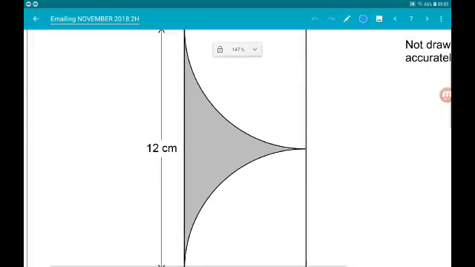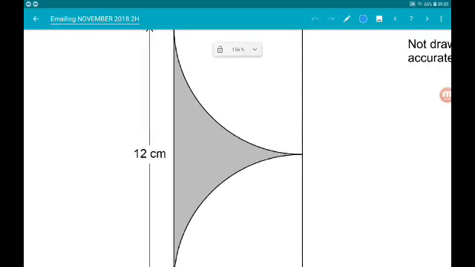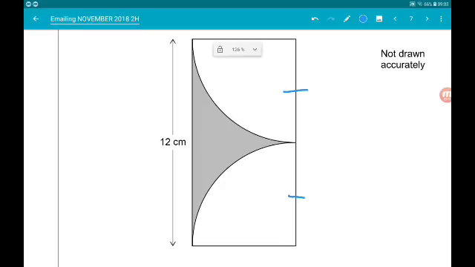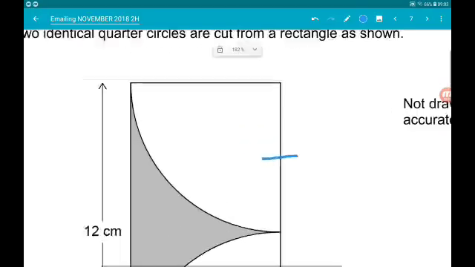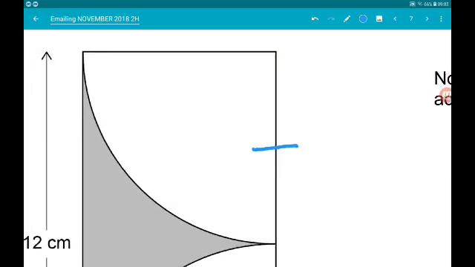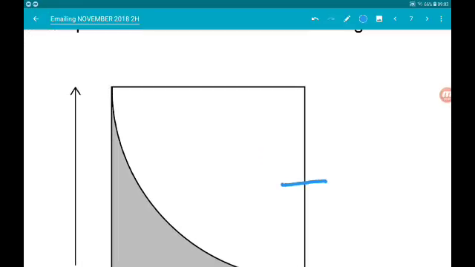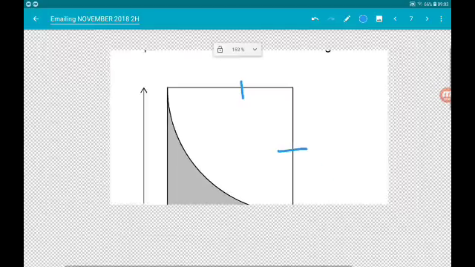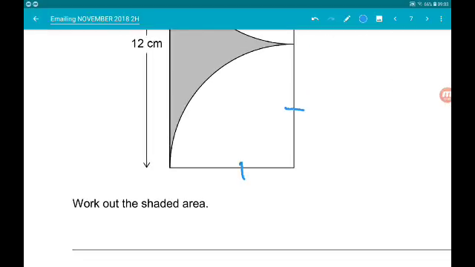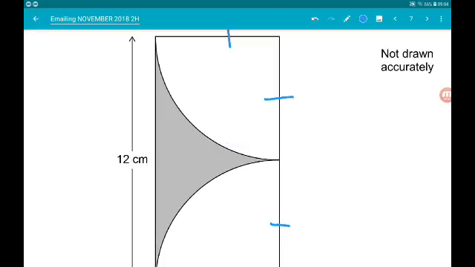All that we know is the height of the rectangle, but we know that these quarter circles are identical, so this length is equal to that length. Because they are quarter circles, we also know that these lengths are a radius of the circle. So we also know this is the same, and so is this. So the radius of the circle is half the length of the rectangle, which is 6.